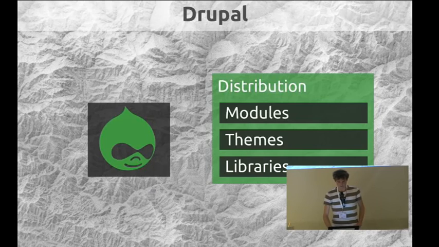Drupal is an open source CMS that runs on PHP, and you can build distributions using modules, themes, and libraries. So we can put together a custom package of Drupal, and that's basically Kataro.